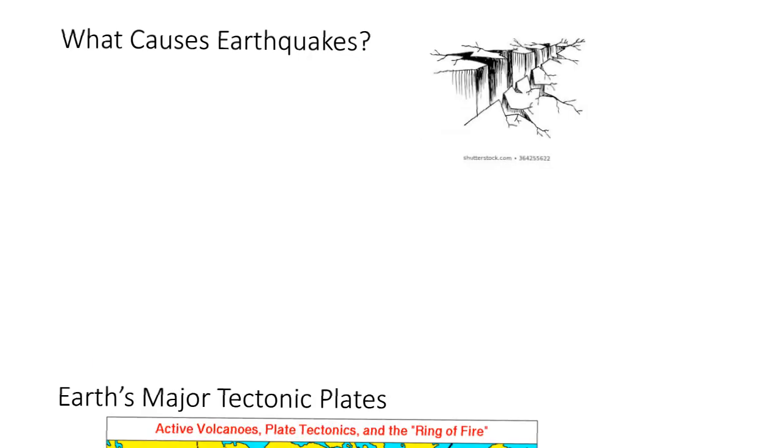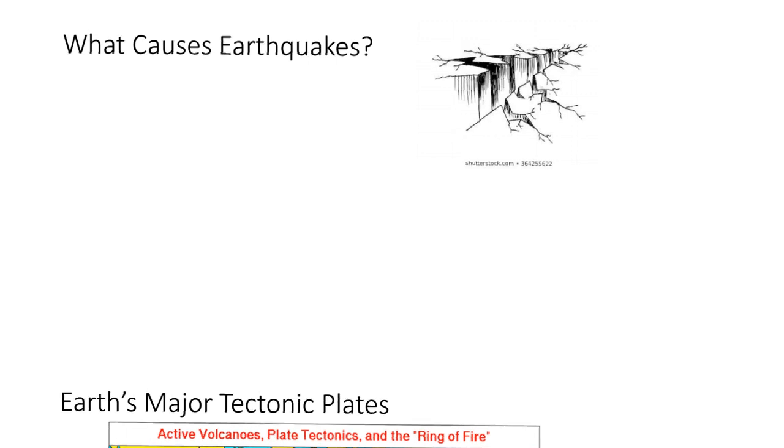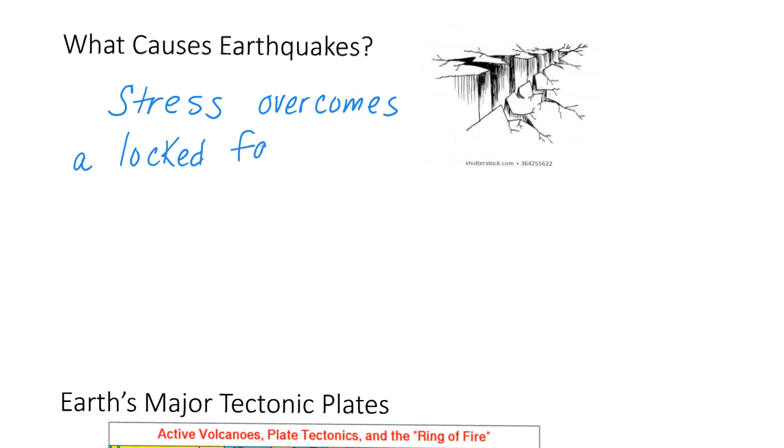So the next thing you need to know, and you can just write this again on your blank sheet of paper, is what causes earthquakes. So let's just go ahead and record that an earthquake is when stress overcomes a locked fault and releases stored energy.